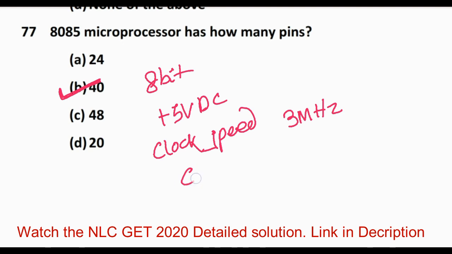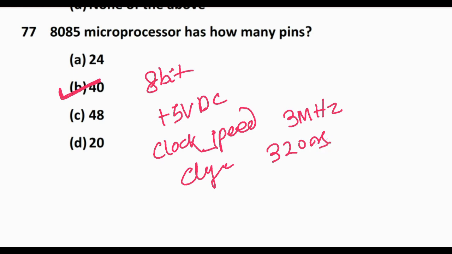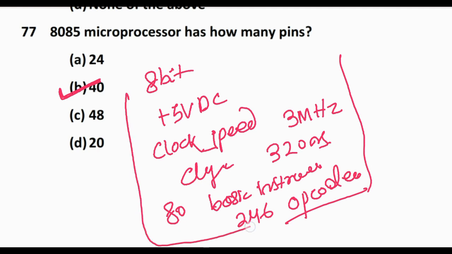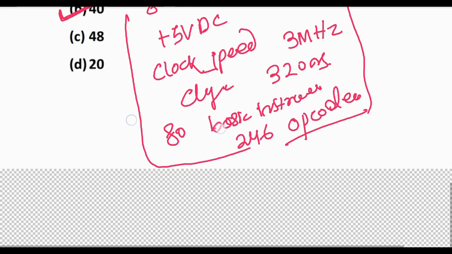Similarly, the clock cycle is 320 nanosecond, and it has totally 80 basic instructions and 246 opcodes. This should be remembered. This is the introduction of the 8085 microprocessor, so we have to remember these things.